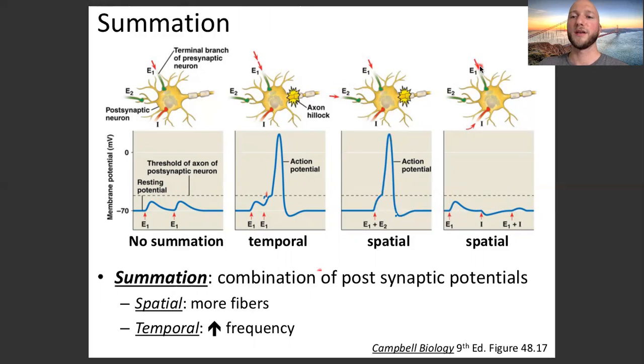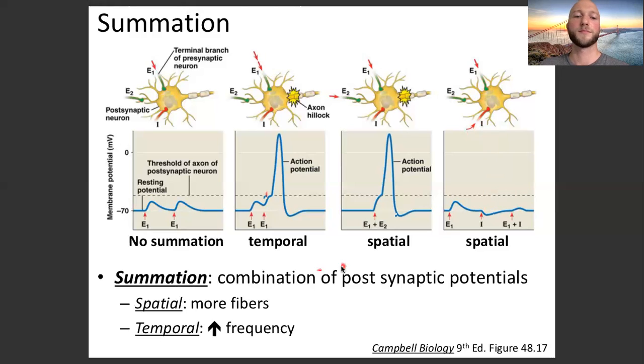Right here, we get EPSP1, boom, goes back to normal. Right here, we get an IPSP, inhibitory graded potential by itself, it hyperpolarizes. Right here, we get excitatory and inhibitory at the same time, very muted effect. Spatial, because it's 2 different ones at the same time.